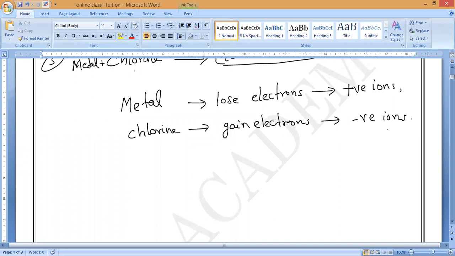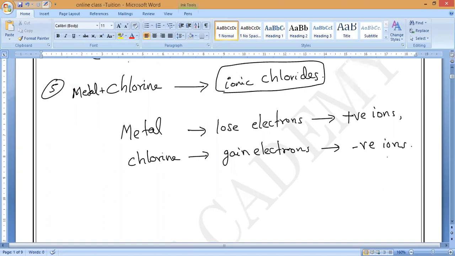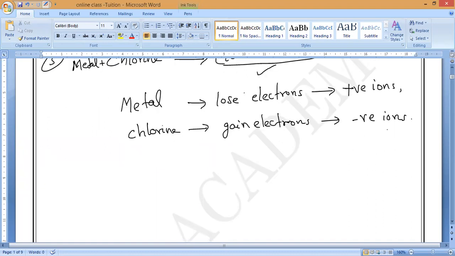So why am I saying metals react with chlorine and form ionic chlorides? Because the metals will lose electrons and donate the electrons to the chlorine atoms to form ions. Understand? Ionic chlorides. What is the reason, Arvind?